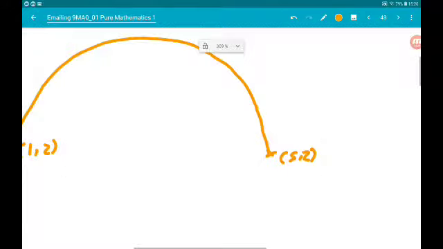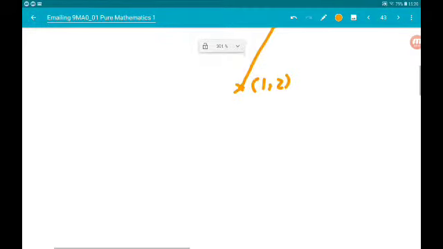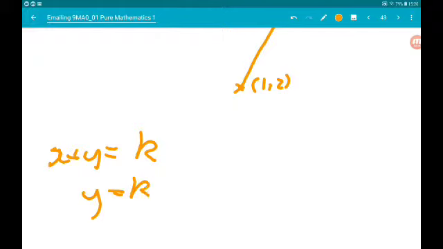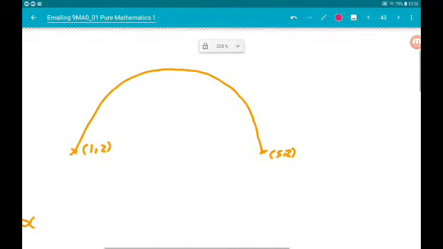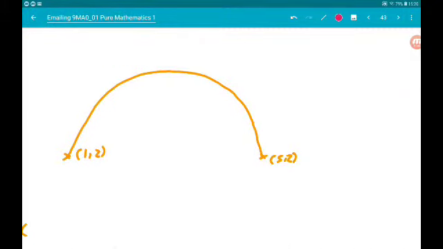Now, x add y is equal to k is the same as y is equal to k minus x. So it's going to be a straight line with a negative gradient. So where is the lowest value that it can cross the curve C?